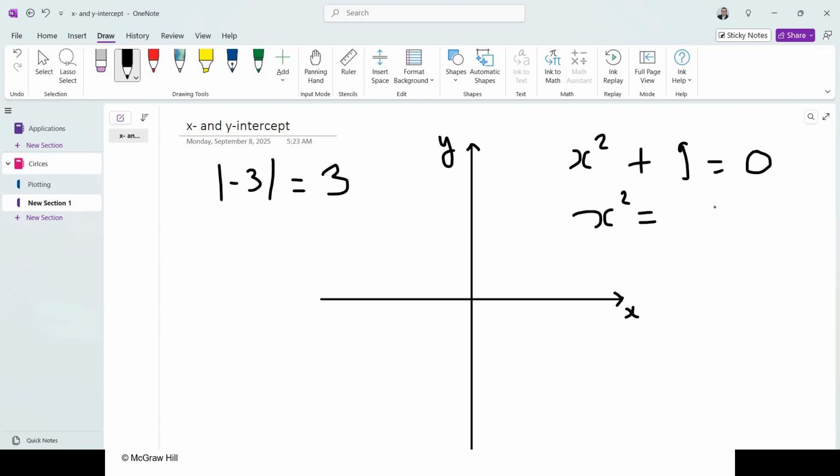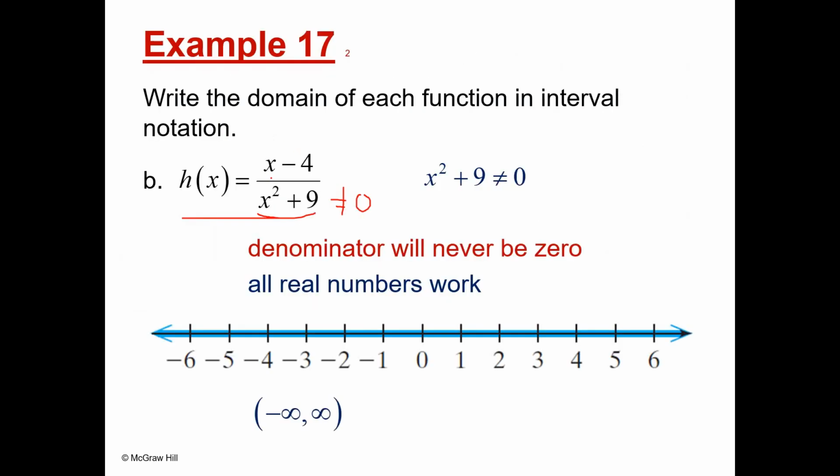So x squared is equal to minus 9, which means that x is equal to radical minus 9. You cannot solve radical of a negative number, which means that there's no solution for this one. There's no value you can replace in x that will give you 0 in the denominator.